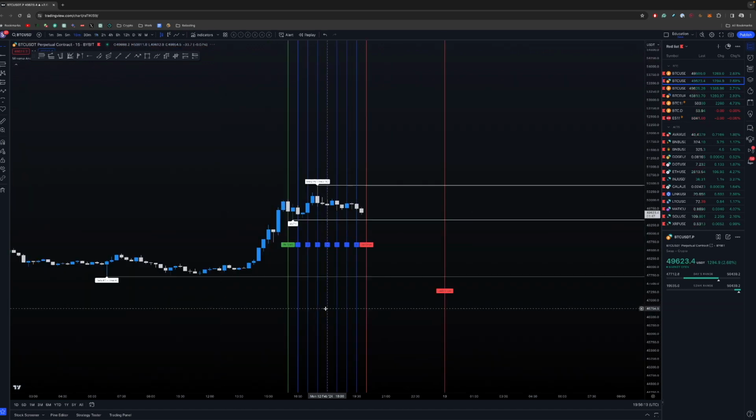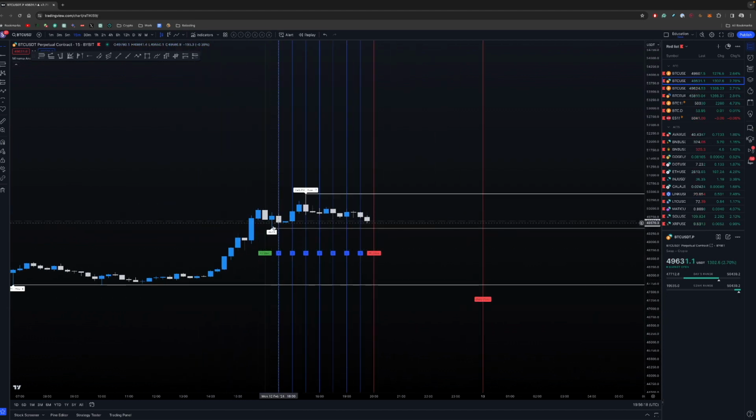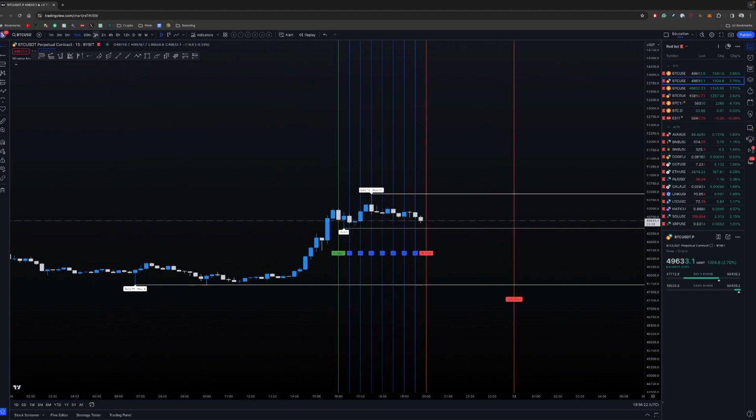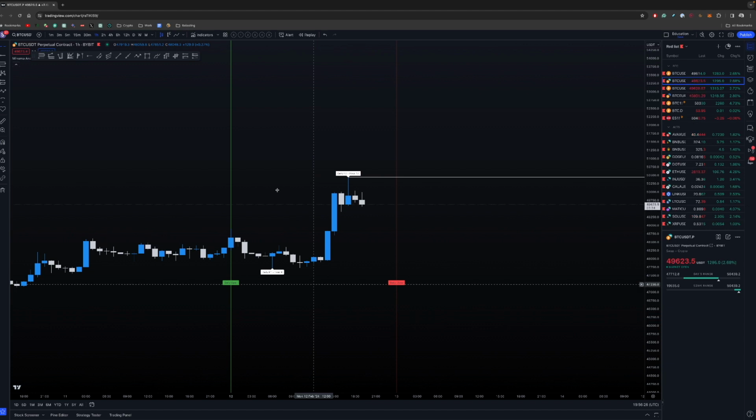If I go to the lower time frames, it will show me the same thing on the 4 hour. So this is now the 4 hour P1, but no need to bother yourself with the 4 hour time frame yet. We'll get into that in later videos. I just drew everything manually for the sake of explanation, but you won't have to. You can just use this indicator and it will draw out the pivots for you.